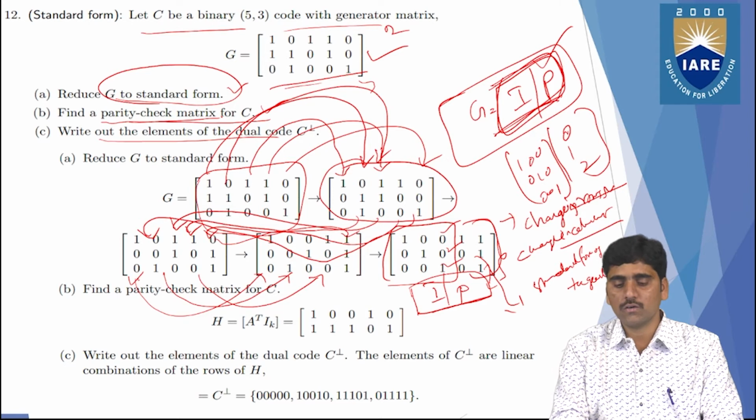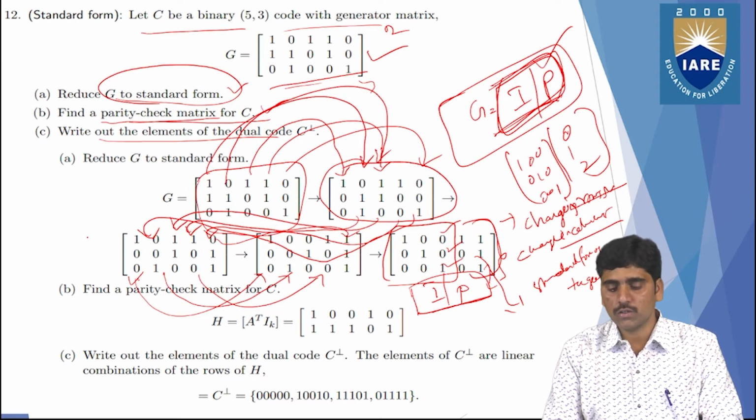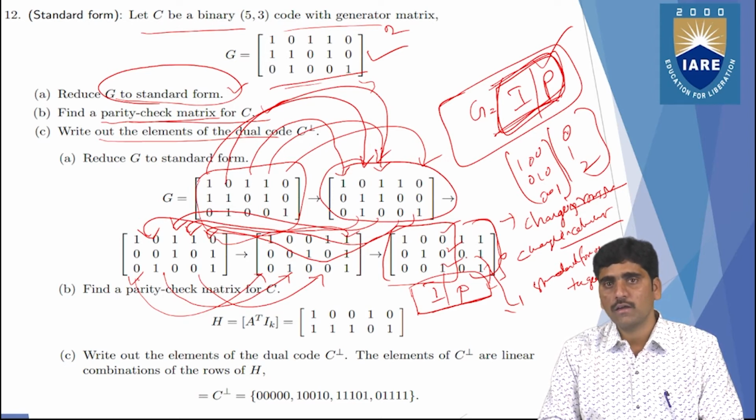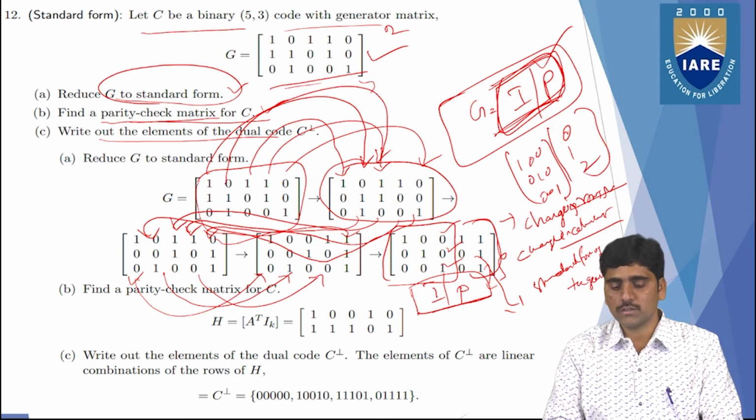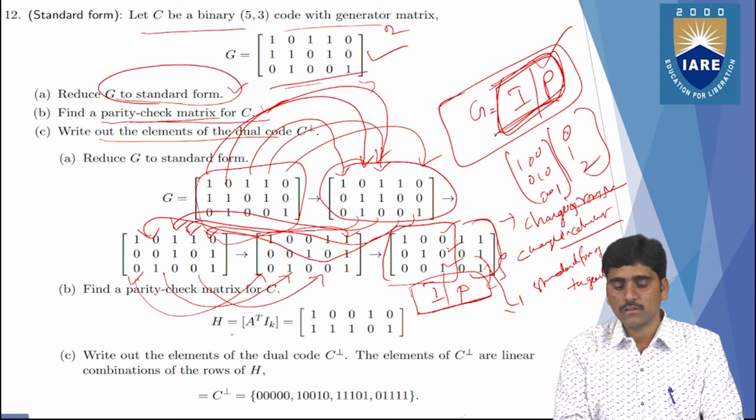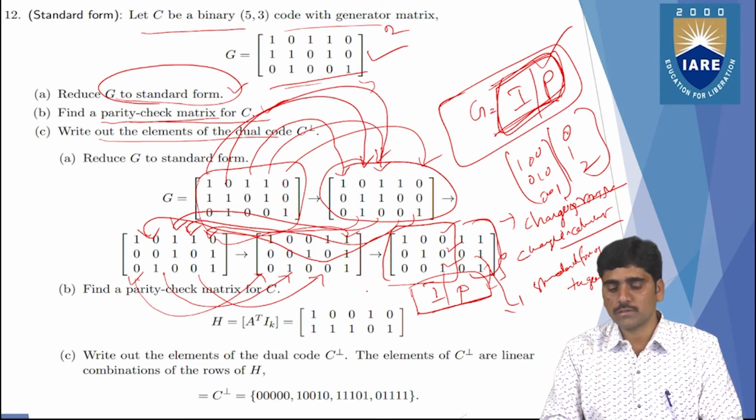So this is the C code word, and for this C code word we need to identify the parity check matrix. To achieve this, see here, we need to change the columns as rows and rows as columns.